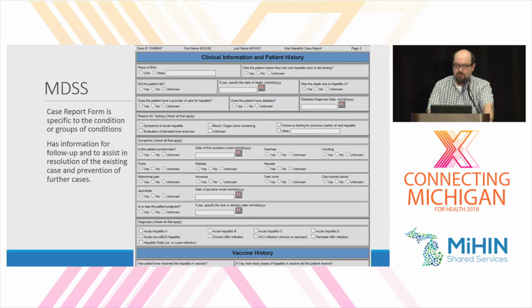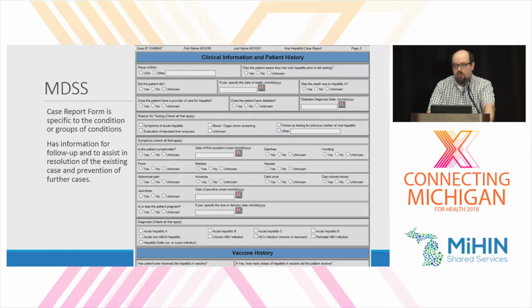The electronic laboratory report is just that. Somebody goes and has a laboratory test run, comes back positive for a communicable disease that's reportable. They send it off to us. Like I mentioned before, we started receiving these in 2004 from the state lab, but really the HITECH Act and the ACA really expanded the use of these things.